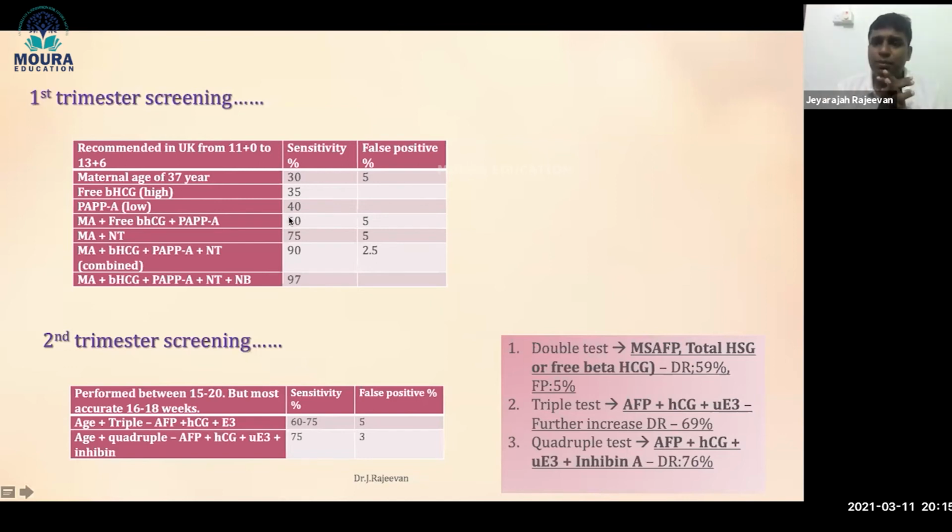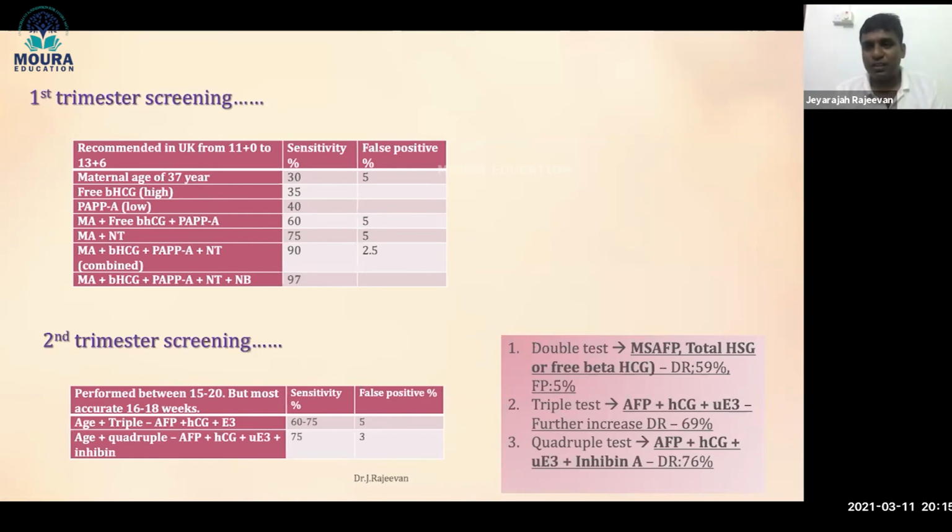Now you may have a question: how do you calculate this detection, how do you combine these? There are computerized programs. You put in the patient's age, the beta HCG level, and the PAPP-A level, and then the computer will tell you the risk of Down syndrome.